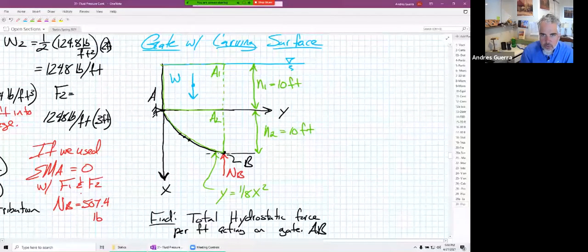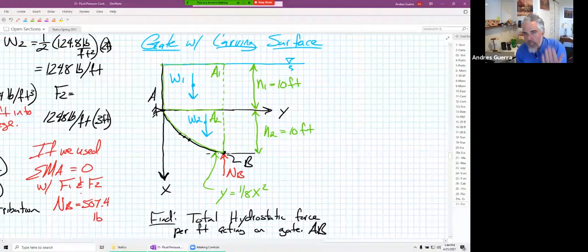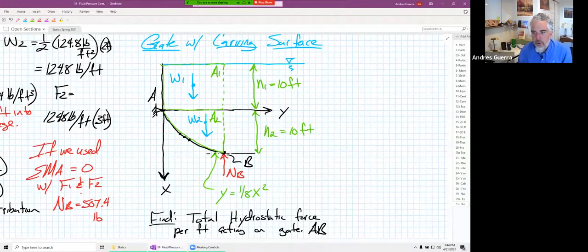So W1 would be about right there. The centroid of A2, I'm just guessing, is probably about right here, and a W2. Now we don't need to know where it's acting per se. We do need to figure out the magnitude though, right?